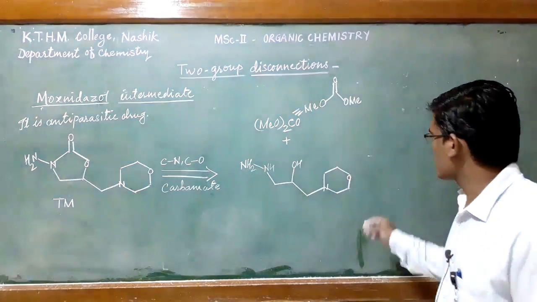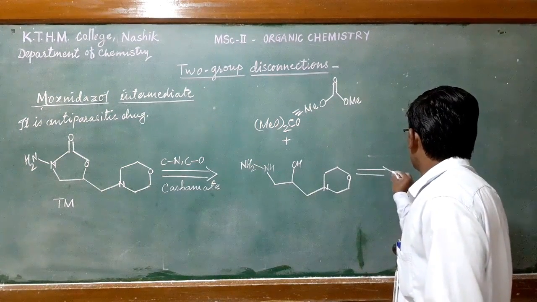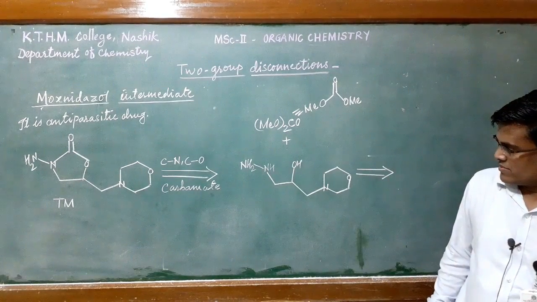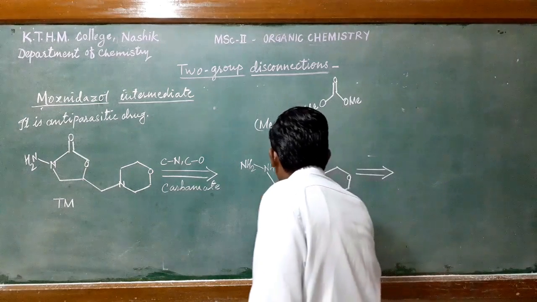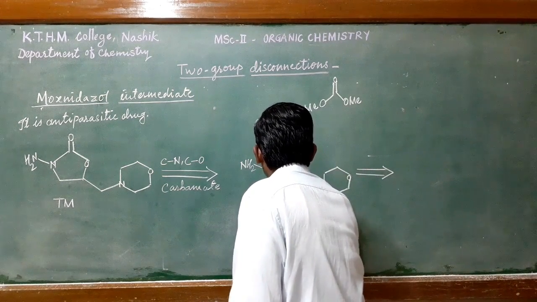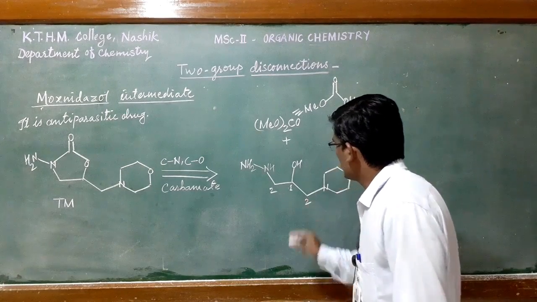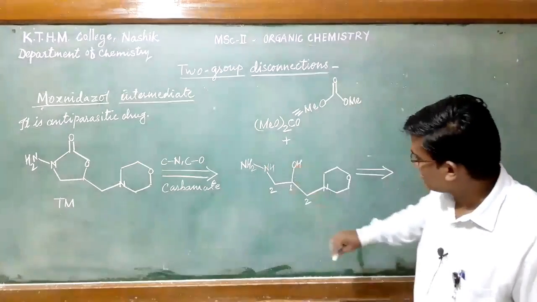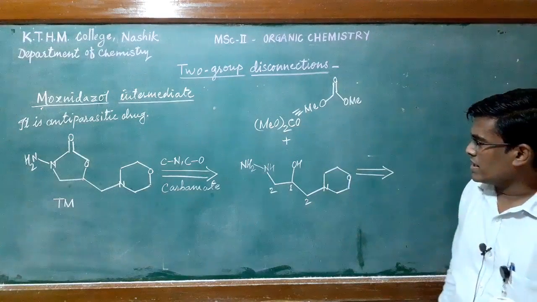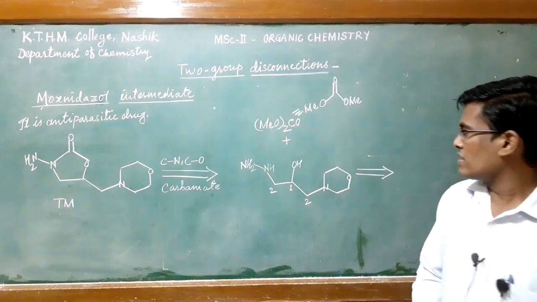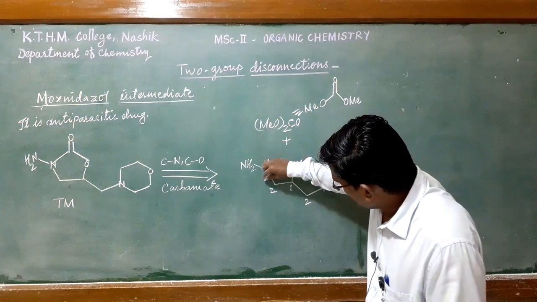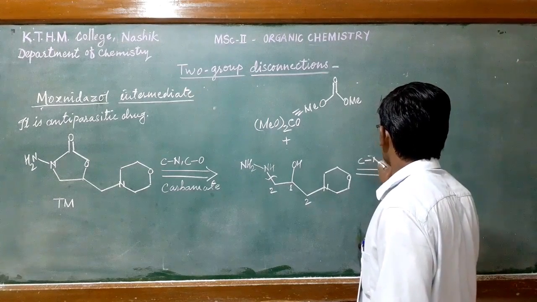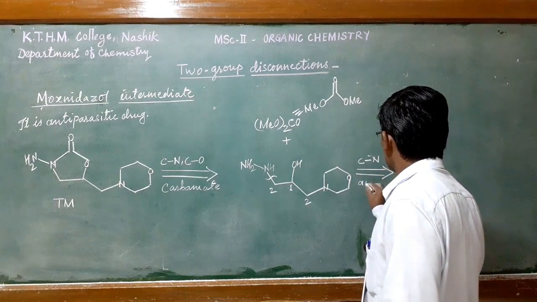So then here there are two 1-2 relationships. Okay. One is here 1-2 and here 1-2. You can either have this connection over here or here. So we need to disconnect the more reactive one. So we can go for this disconnection, that is C-N cleavage. Okay, C-N amine.